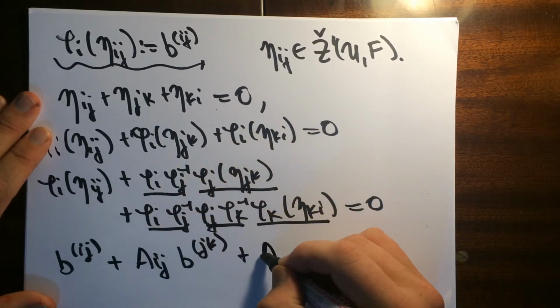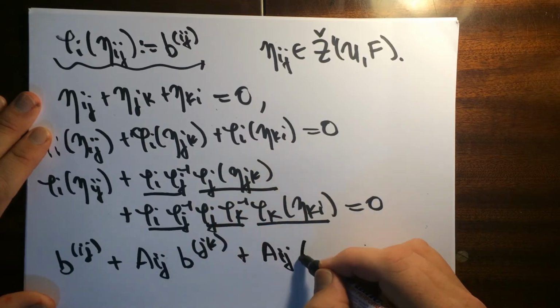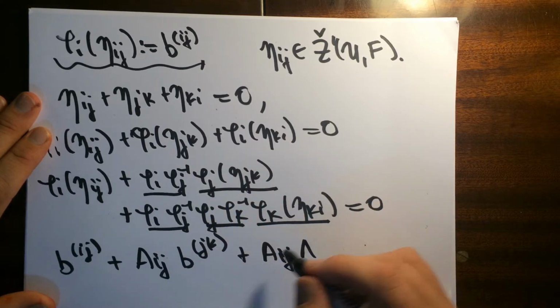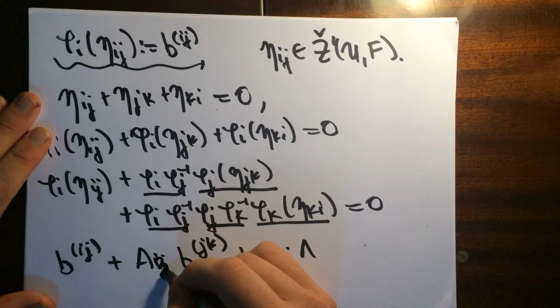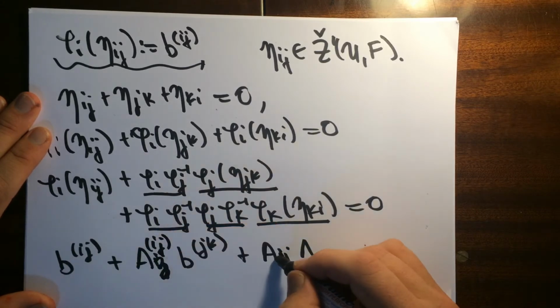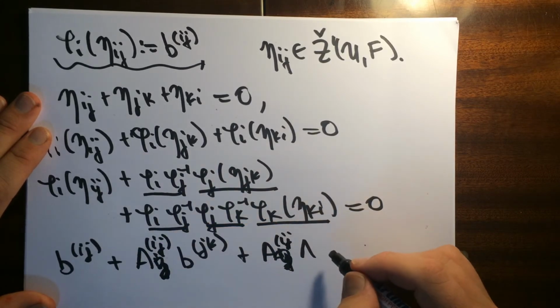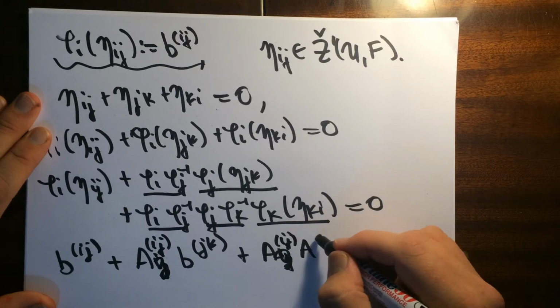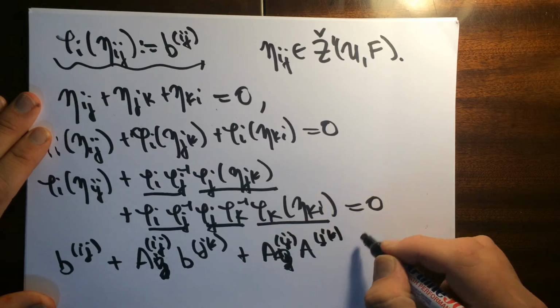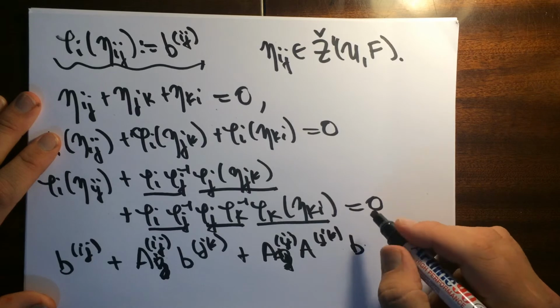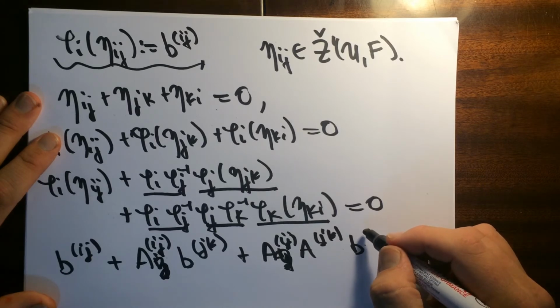So this is aij, ajk, oh, what did I call this? I did superscripts, ij, sorry, ij, and then we had jk, and then we had bki.